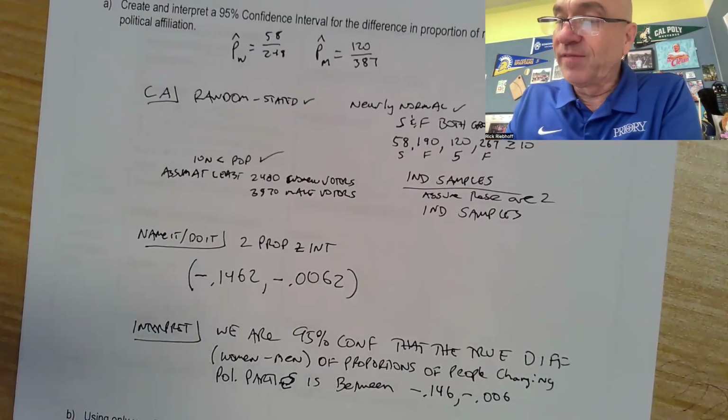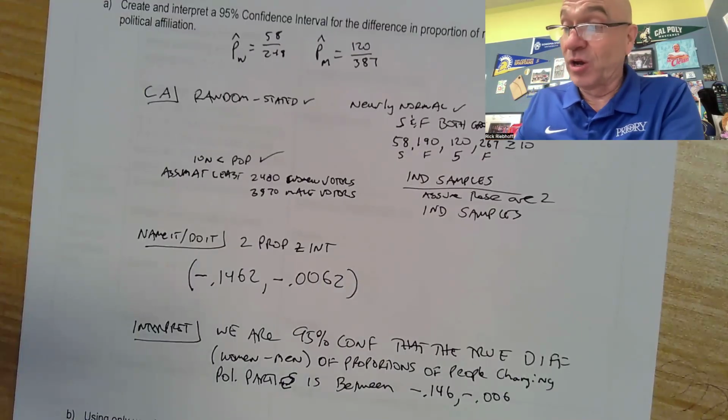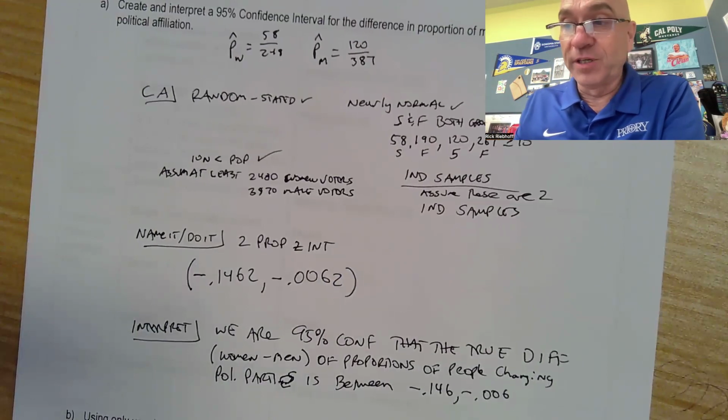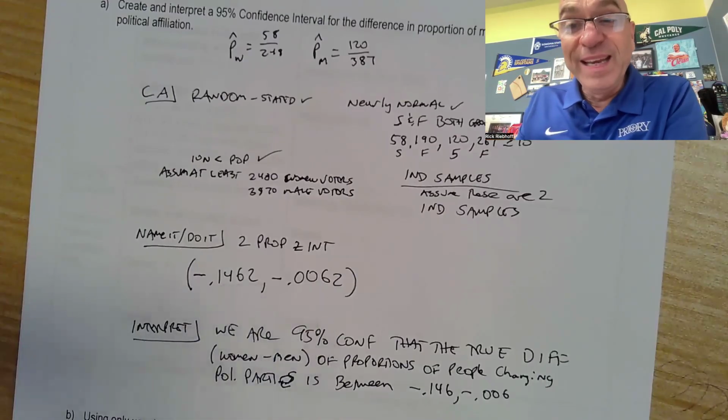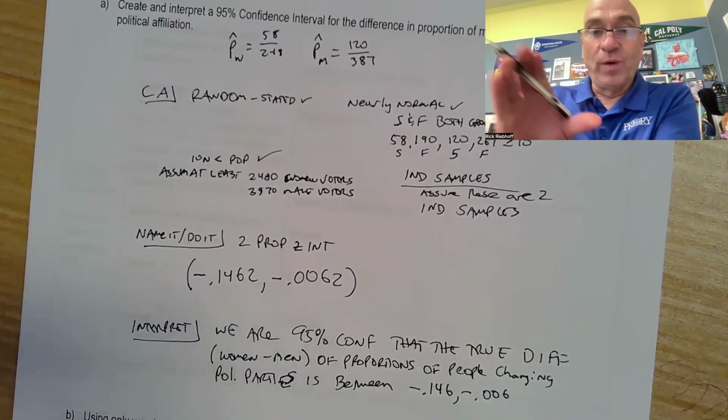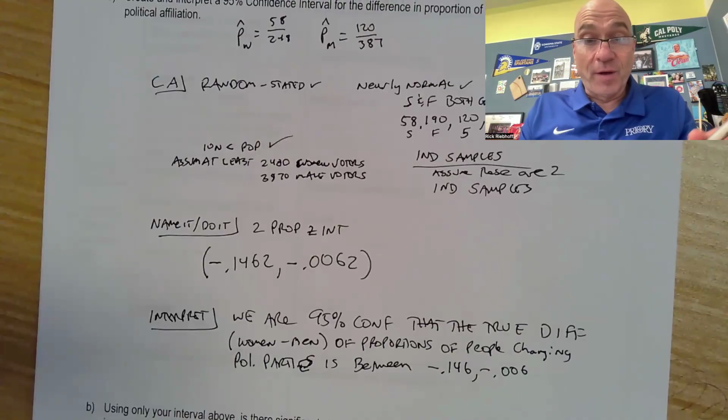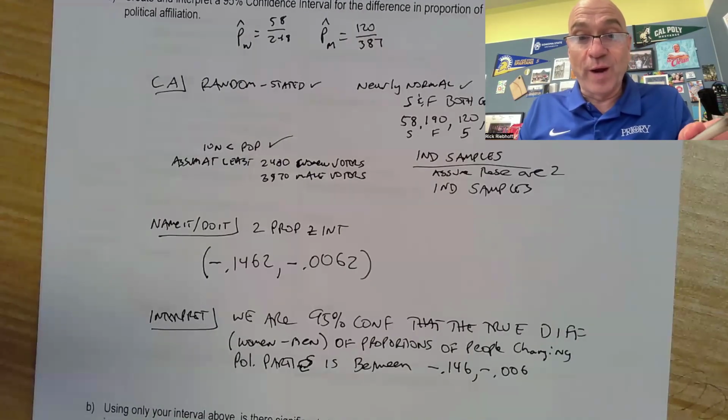Using only your interval above, is there significant statistical evidence that the proportion changing political affiliation is greater for men than women? Okay. So important number is zero. Zero is not included in the interval. So this is showing that there's a difference, right? What we need to talk about, though, is the difference could be on one side or the other. So we need to figure out which way it's going.